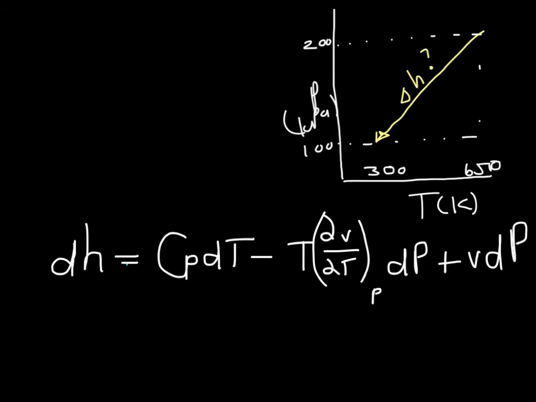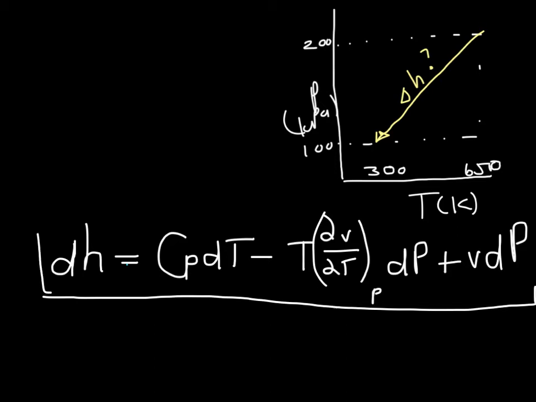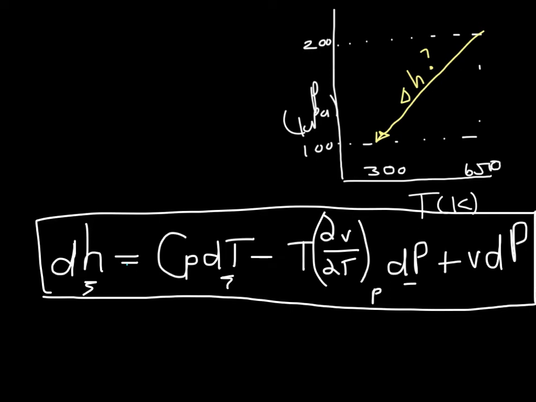During the lectures on real gases, we derived this expression using our Maxwell and our fundamental equations to describe the change in enthalpy of a gas with a change in temperature and a change in pressure. On a side note, please note that this equation, for instance, is available on your data sheet.